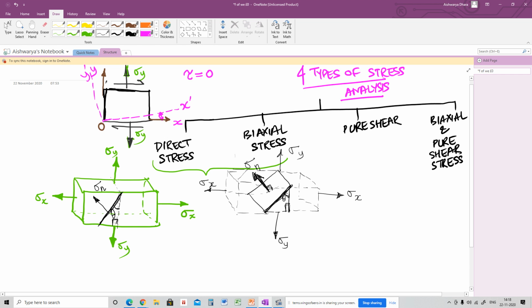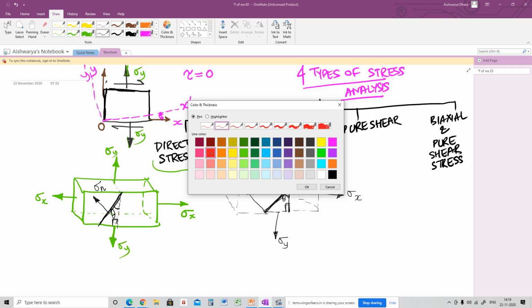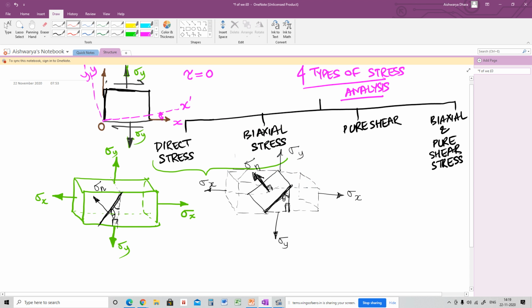Okay, so this is for the bidirectional case. Similarly, for the pure shear, there won't be any sigma x and sigma y.